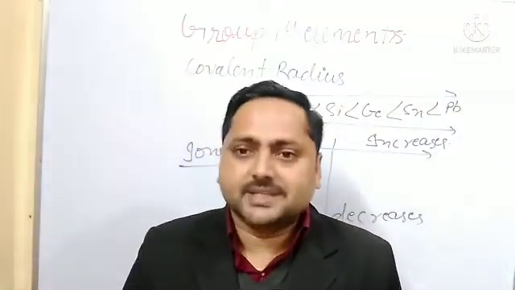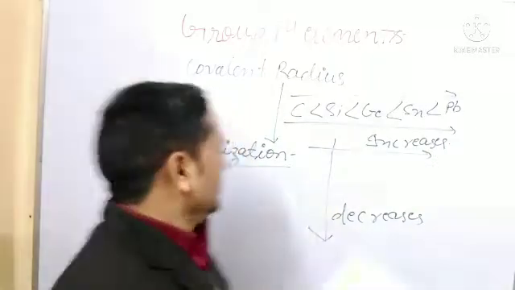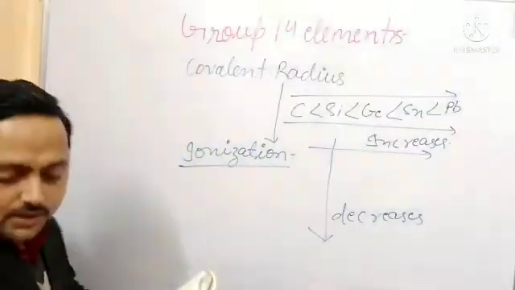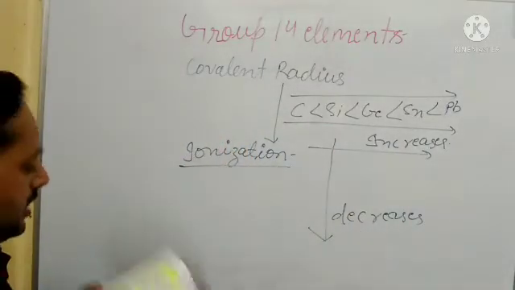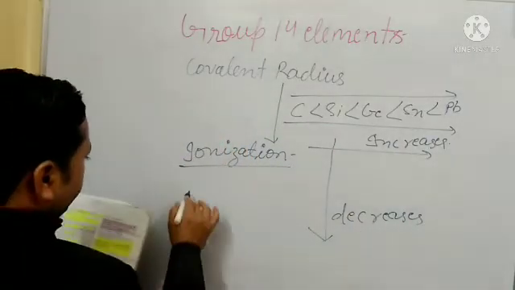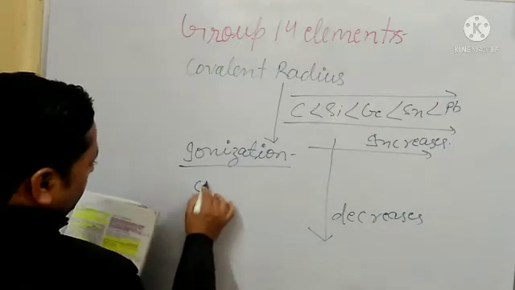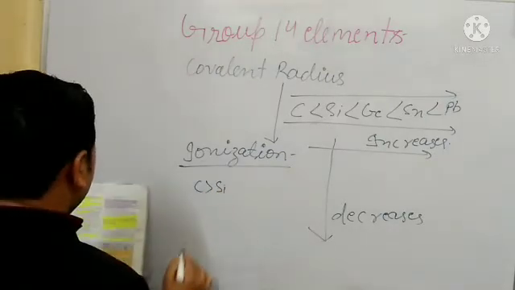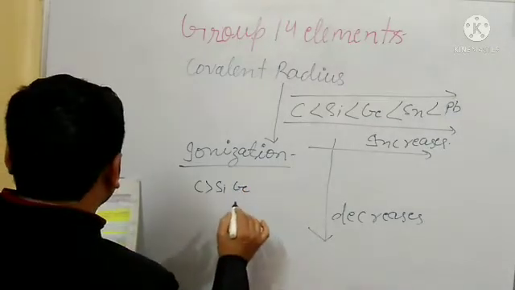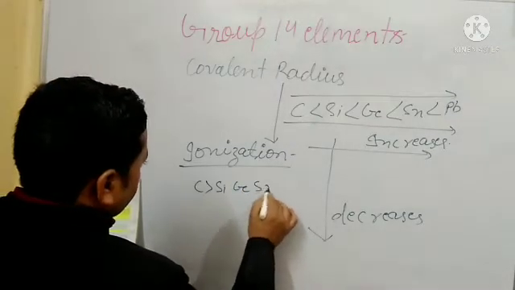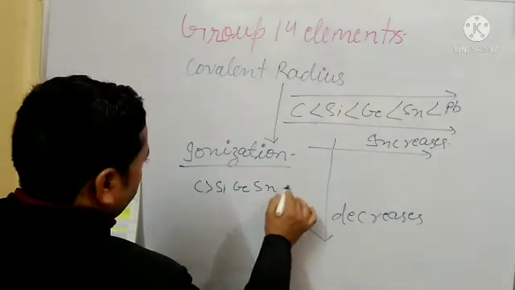So let us see the order of ionization potential of group 14 elements. The order is like this: carbon, silicon, germanium, tin, and then lead.